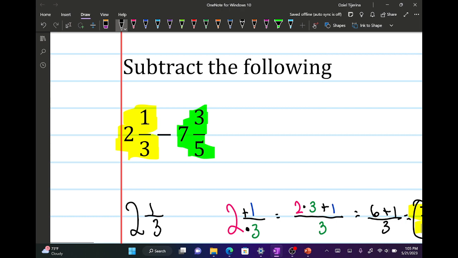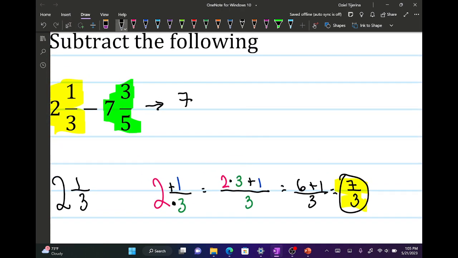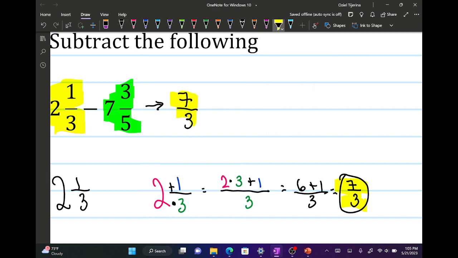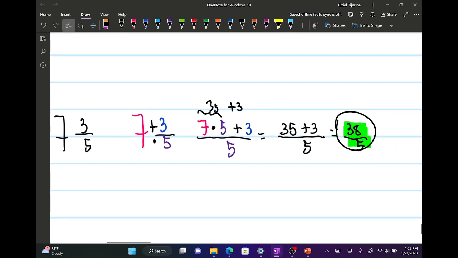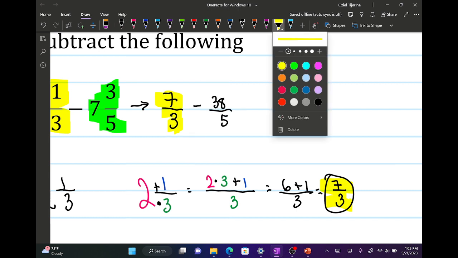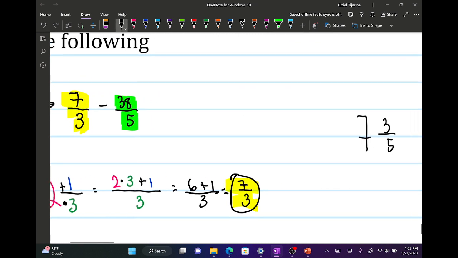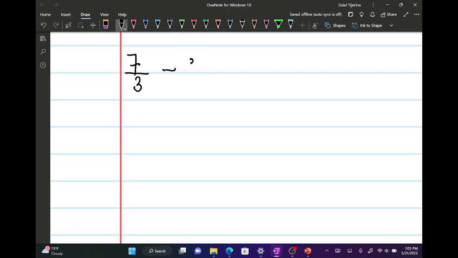So 2 and 1/3 was 7/3, minus 7 and 3/5, which was 38 over 5. Now we need to get the common denominator. I can do it vertically here.